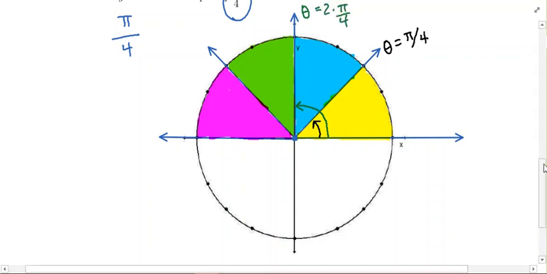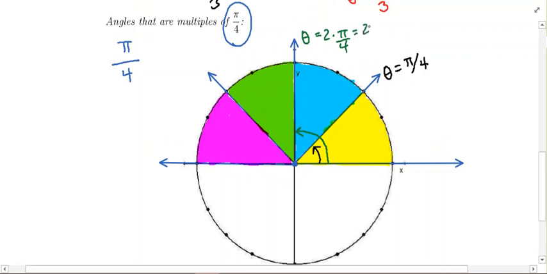So this is going to be 2 pi over 4, which reduces to pi over 2, okay? And then do it again. So the next angle will be 1 pi over 4, 2 pi over 4, 3 pi over 4. Okay, so this angle right here will be 3 pi over 4, okay?